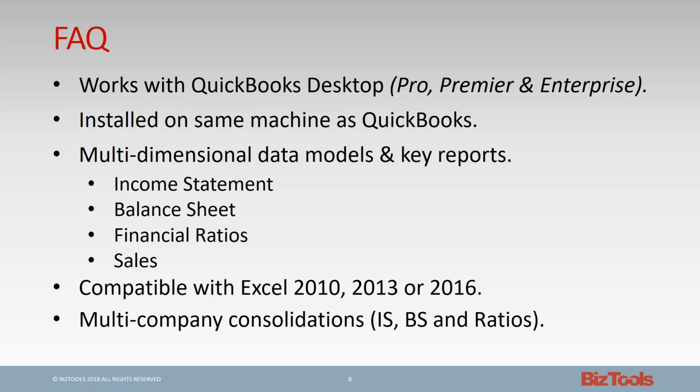So we're talking Pro, Premier, and Enterprise, going back several years, certainly all the current editions. At this time, we don't have a QuickBooks Online integration, so we're just supplying solutions for QuickBooks Desktop. BizTools is an on-premises application, meaning that it needs to be installed on the same machine where QuickBooks is running. And again, that can be your server, your PC, or your laptop.